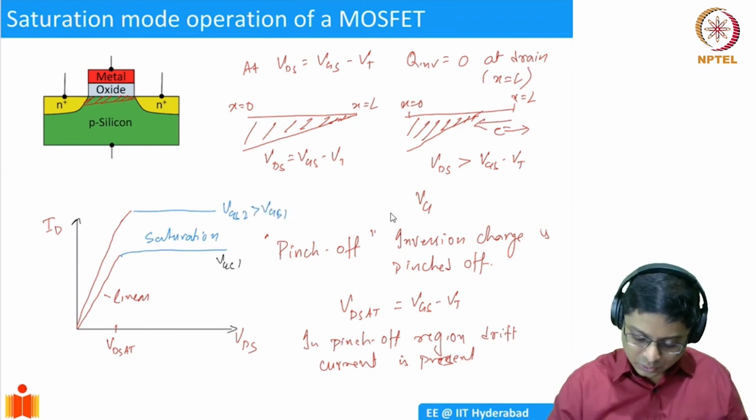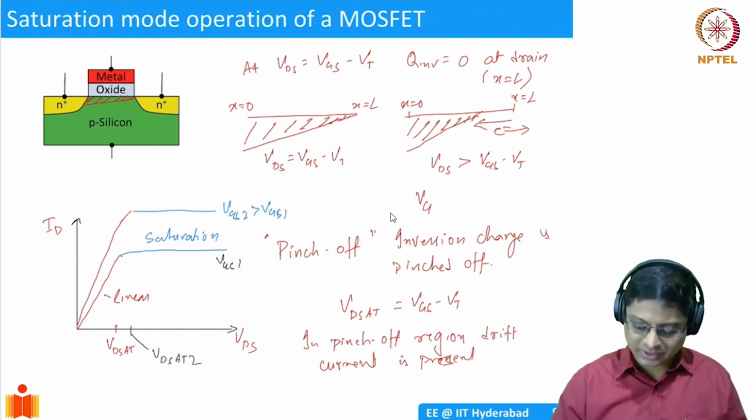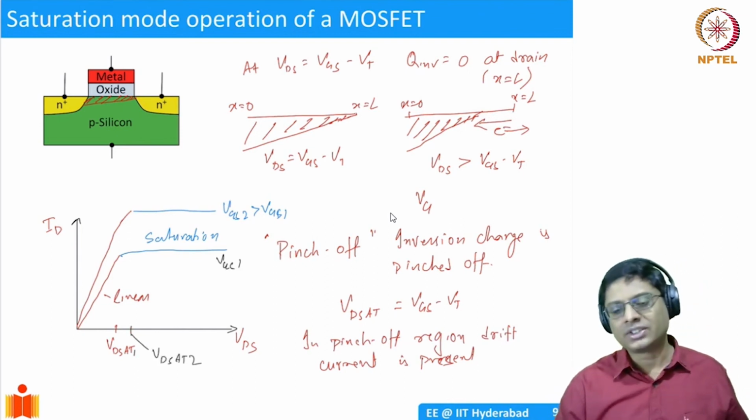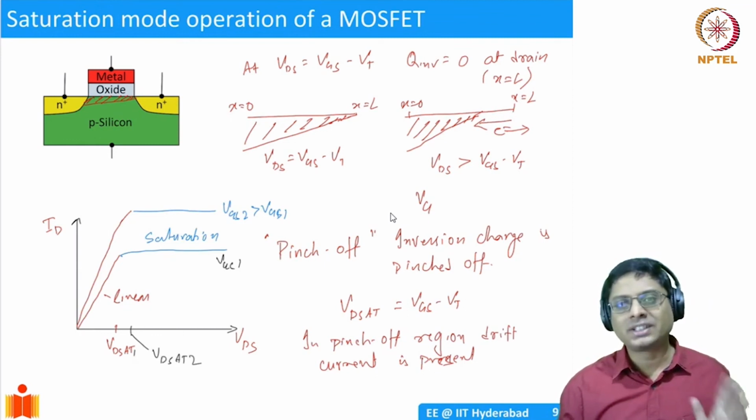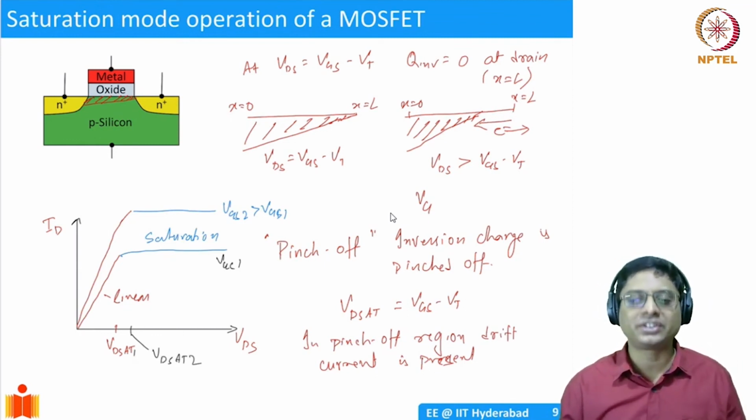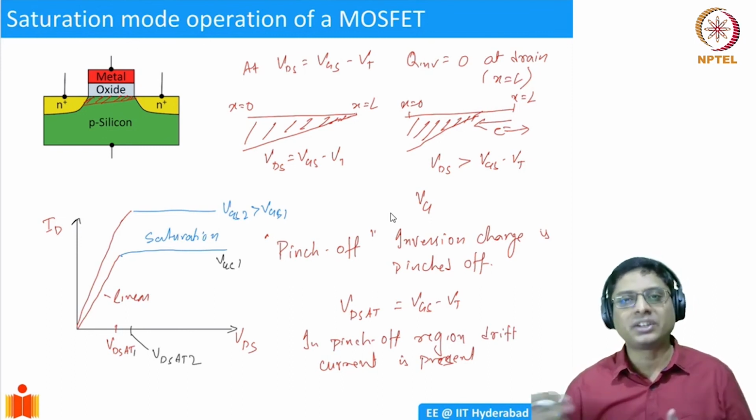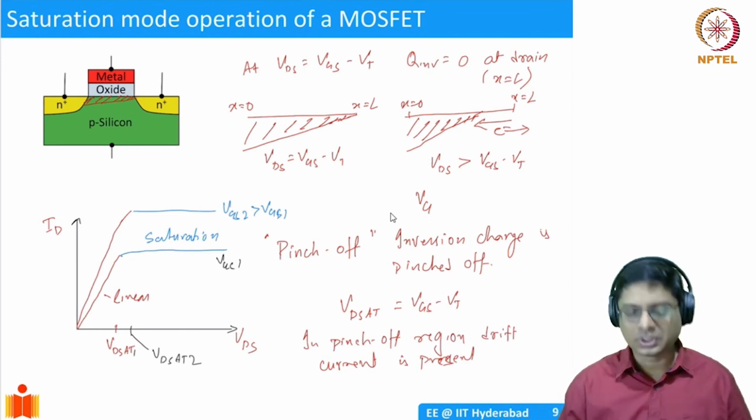So this is VDSAT1, and this is VDSAT2. The drain voltage at which it reaches saturation will be higher because VGS has increased. VDSAT is simply VGS minus VT, so it will increase. So you have a higher amount of current flowing through.